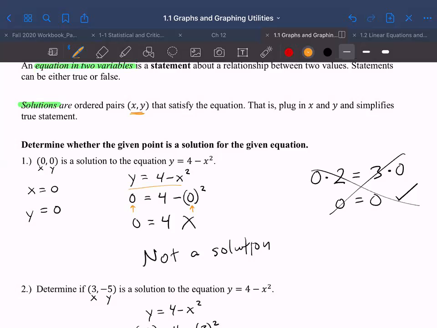Now, when you're doing this, after you plug values in, you're going to want to only work on one side at a time. You're not going to want to use the old algebra rules where you say, if I do it to one side, I can do it to both sides. You're not going to want to subtract something from both sides and mess with it. You're going to mostly want to work on one side and completely reduce it down to a number, and then work on the other side totally independent of each other. The reason for that is like what I drew right here.